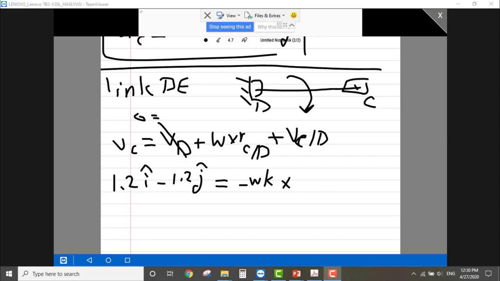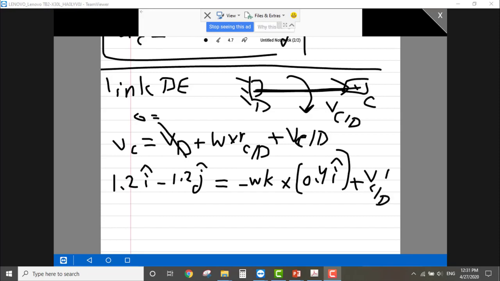Now we'll move from D to C, completely horizontally, so this is 0.4 in the positive I direction. Now VC with respect to D, we'll assume this, because we move from here to there, so this is the relative velocity equation, VCD. We'll choose its direction to be positive, so VCD in the positive I direction.